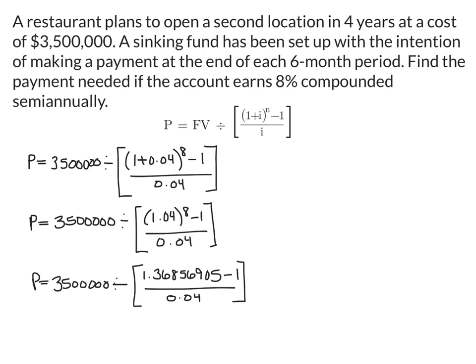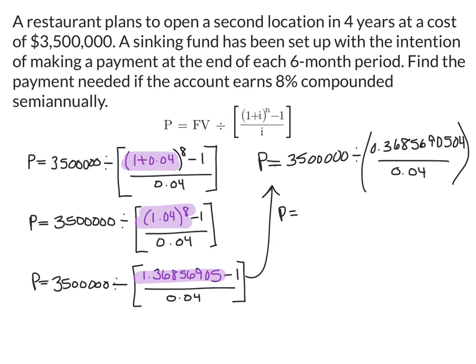Now the first step is to add 1 plus 0.04 in parentheses, and we get 1.04. Next, we want to raise 1.04 to the 8th power. You should get a decimal of 1.36856905. Next, we'll subtract 1 from that number.